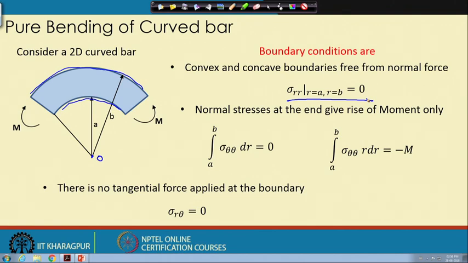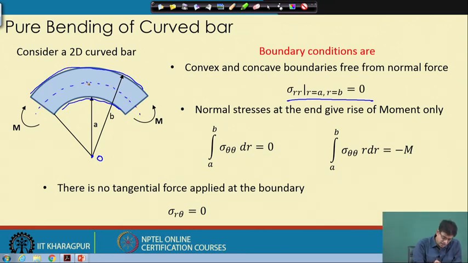Now, normal stresses at the end give rise to moment only. That means the normal stresses here, that is sigma theta theta, where theta is measured from the centroid line. If you draw a centroid line, theta is measured at any point, this is theta. Along this, it will be the radial line.